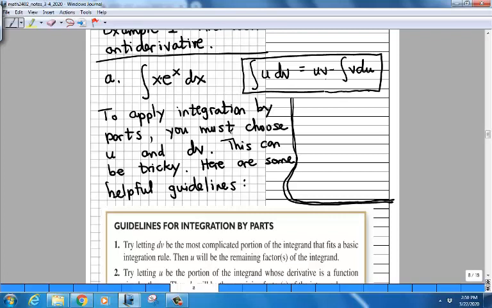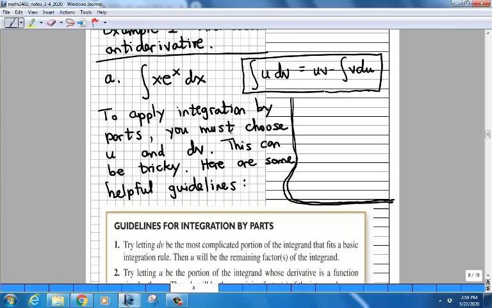That's easier said than done. But I'm going to show you now two different guidelines for how you can make that choice. It's not completely cut and dried, so sometimes you have to do a little bit of trial and error. That is sometimes involved in doing integration by parts.